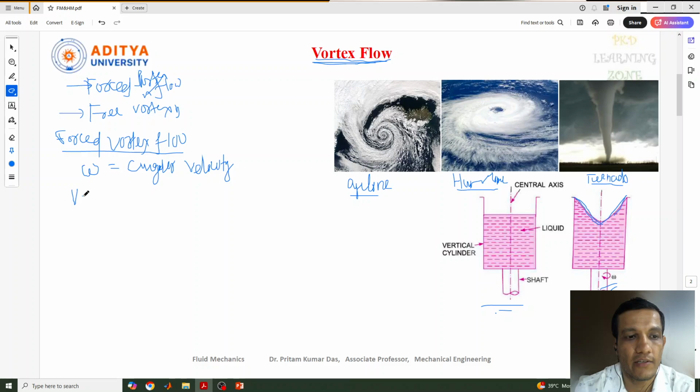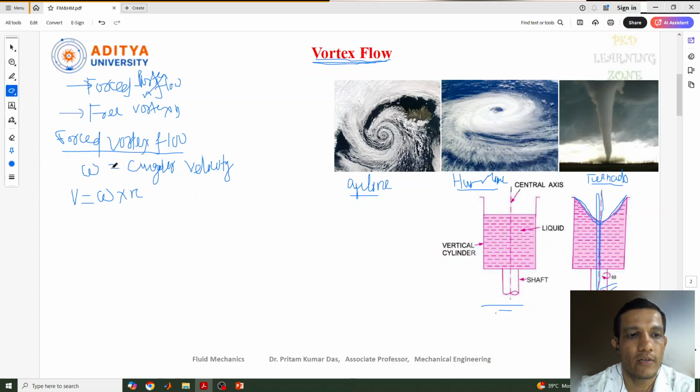We can calculate this velocity from the angular velocity and the radius of the fluid particle. So V equals angular velocity times the radius of the fluid particle from the axis of rotation, that is, at what radius that particle is rotating about the axis. By that we can calculate the velocity of the object. So this is about forced vortex flow.